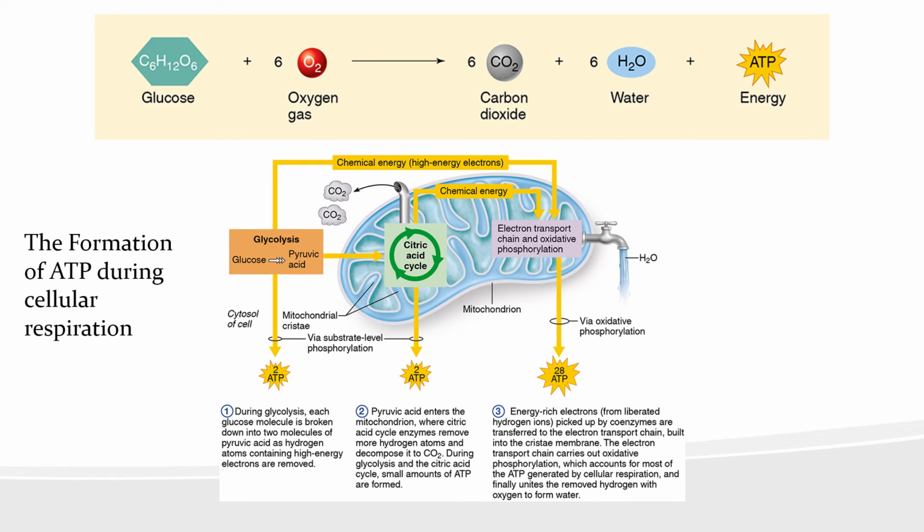And then step 3, energy-rich electrons from liberated hydrogen ions picked up by coenzymes are transferred to the electron transport chain built into the cristae membrane. The electron transport chain carries out oxidative phosphorylation, which accounts for most of the ATP generated by cellular respiration, and finally unites the removed hydrogen with oxygen to form water.